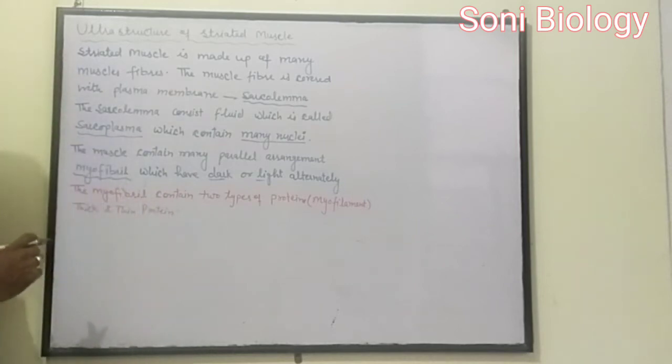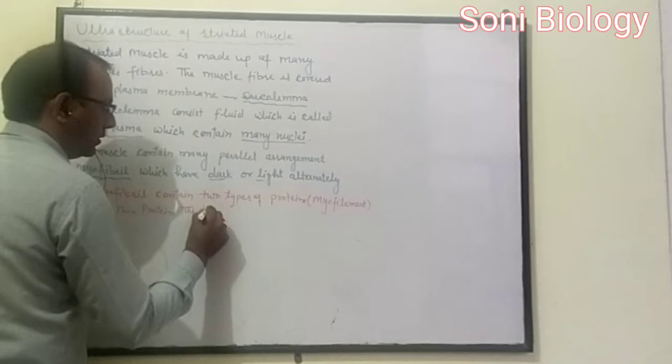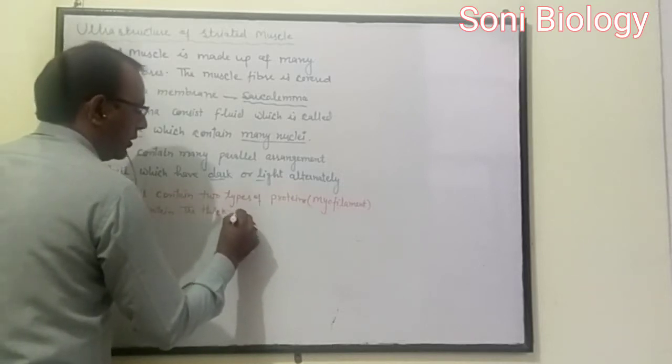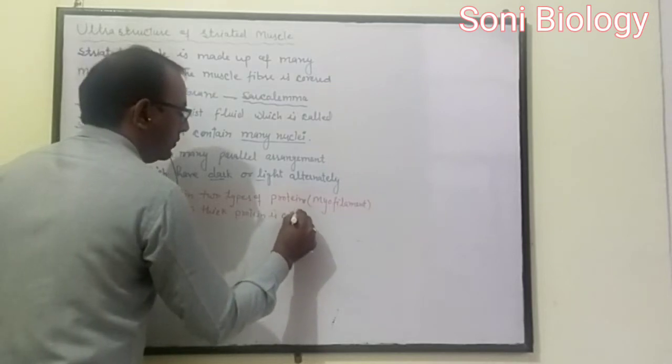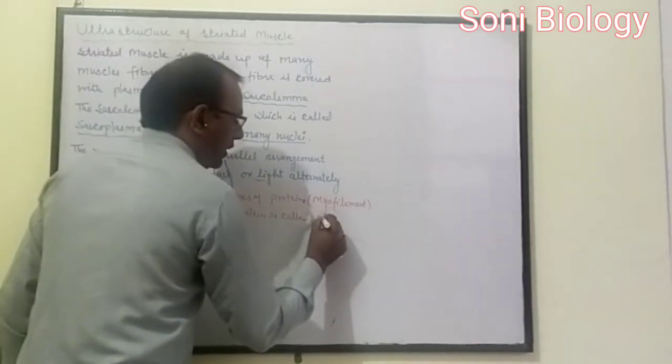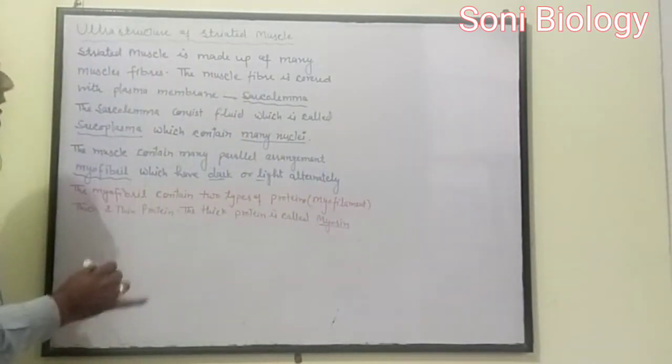The thick protein is called myosin, and the thin protein is called actin.